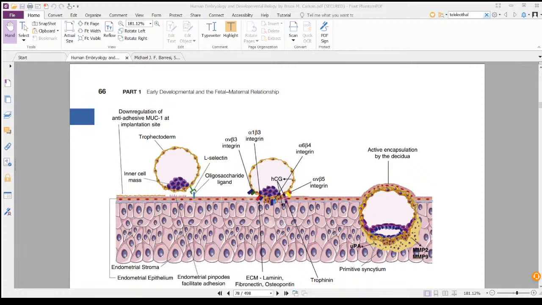The epithelial layer is able to coat it, right? So this is what happens in real time, the reality of the event known as implantation. This is what you really see happening during implantation.